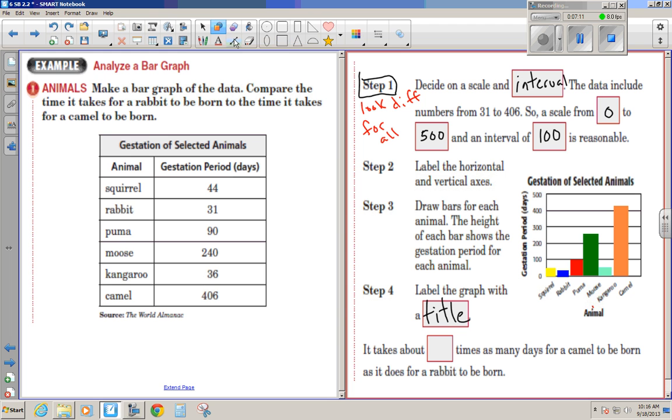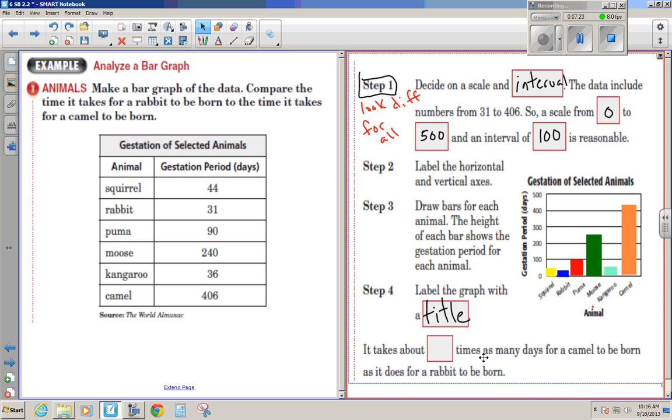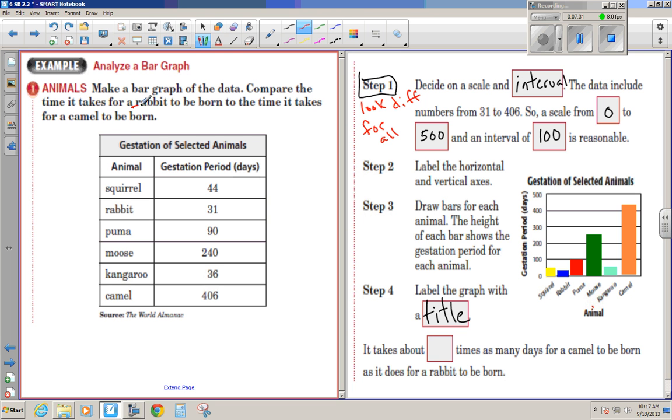Now, I'm going to rearrange this so it fits better on my graph. So there's camel, there's kangaroo, there's moose, puma, rabbit. All right, so we have to compare the time it takes for a rabbit compared to a camel.